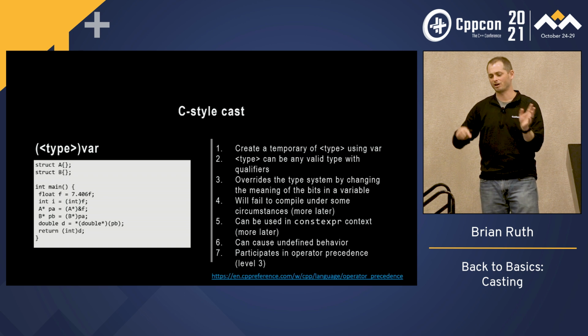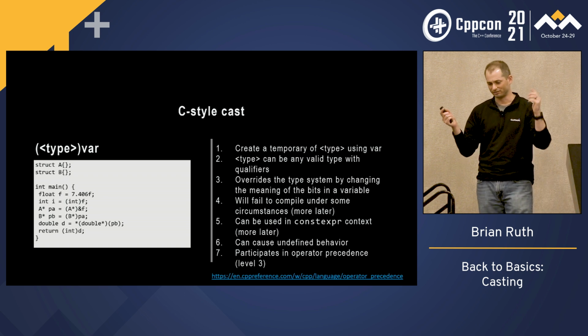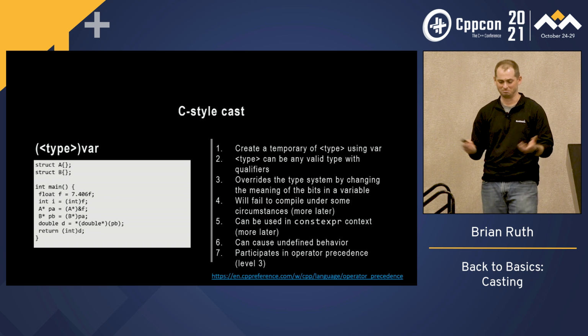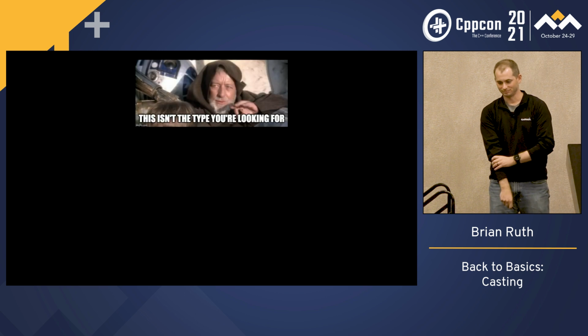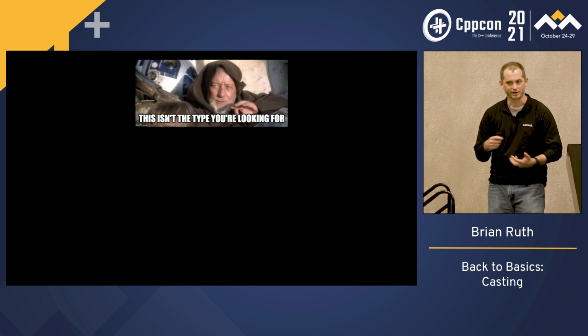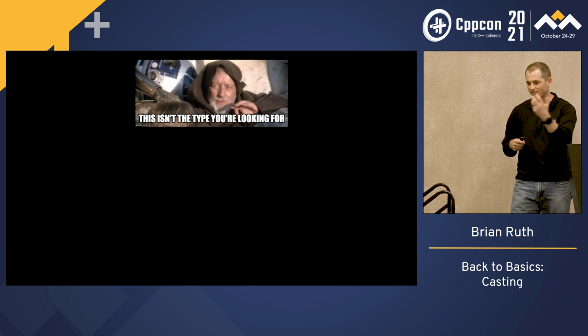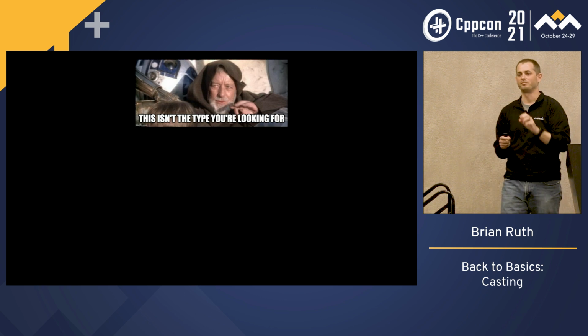And I know A and B aren't related, but I want to convert it into a pointer to a B. And then for some reason, we can do that stuff down on the bottom, and it'll all compile. You won't get warnings. So the C-style cast is like a Jedi mind trick that you're trying to play on the compiler, right? You have all these types, they're statically typed, the compiler's checking it, but you're going in there and you're saying, no. I know what that memory is really pointing to.